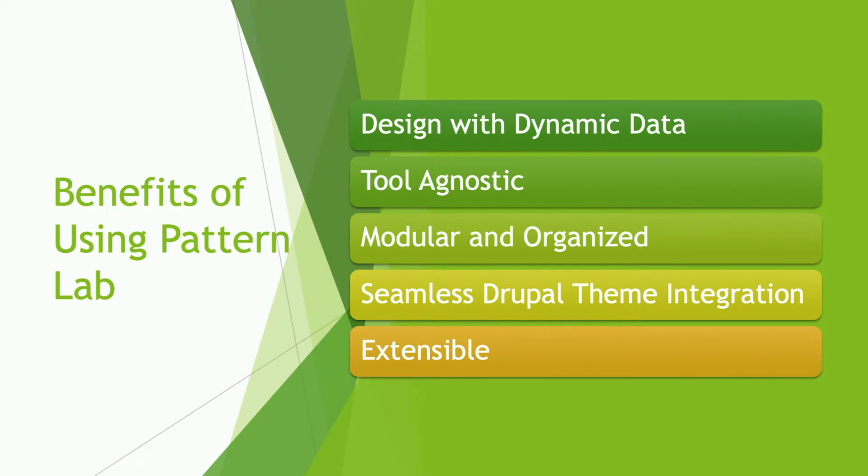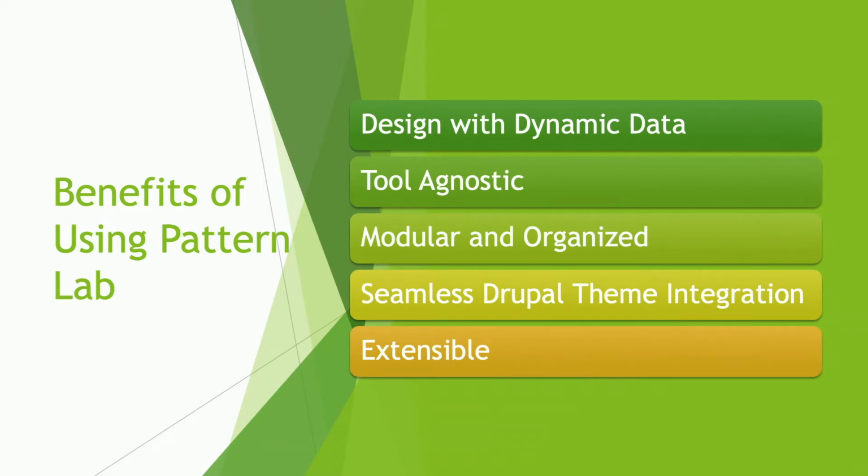Pattern Lab's modular and organized. In our setup, every pattern is broken down and given its own folder. Within that folder, you find the pattern. We also find a style sheet for all the styling related to just that one pattern.